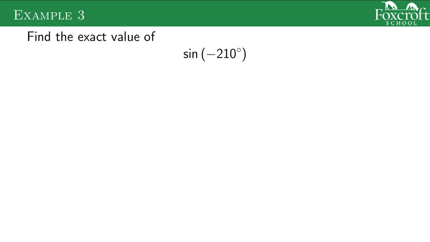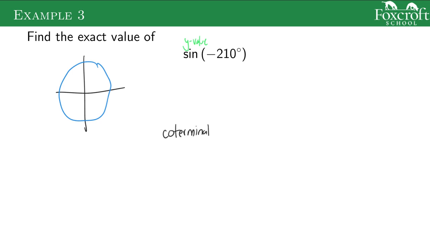Sine of negative 120. Again, we're going to have our unit circle. And remember, sine is a y value. But when you have your unit circle memorized and you put it on there, negative 210 is not going to be on there because all the angles are positive. So you have to remember that there are coterminal angles, which are angles that end up in the same place, and they just differ by 360 degrees.